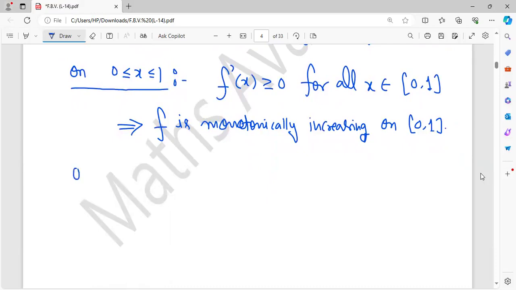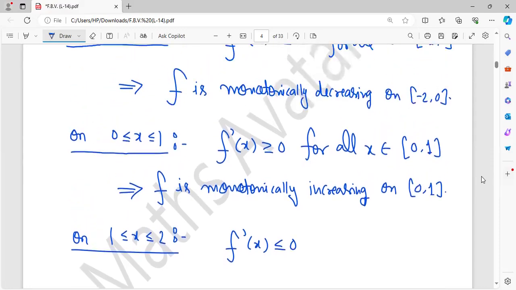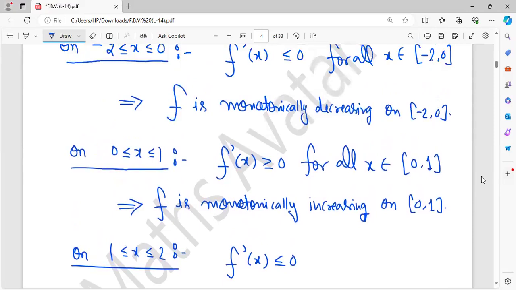Now on 1 to 2, you see that the derivative will be less than or equal to 0. Why? Because of the factor 1 minus x. When you go beyond 1, the factor 1 minus x is negative and the rest of the factors are positive, so it is non-positive.